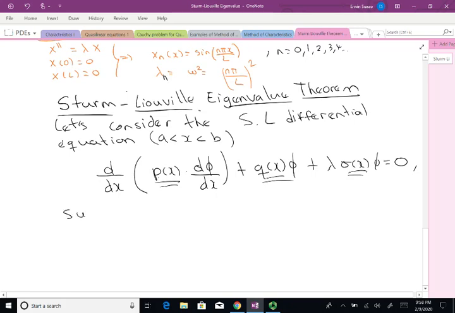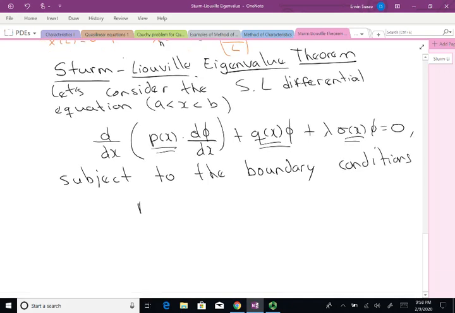Okay, so this equation must be solved subject to the boundary conditions. It looks like this: b1 phi of a plus b2 d phi dx evaluated at a equals 0.